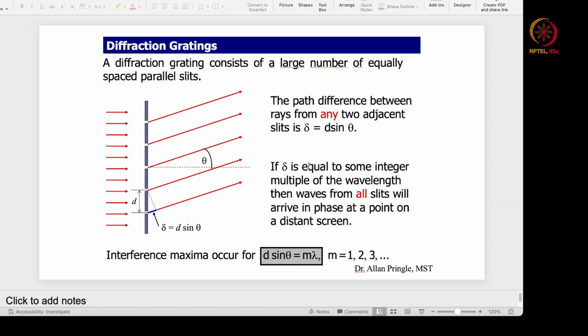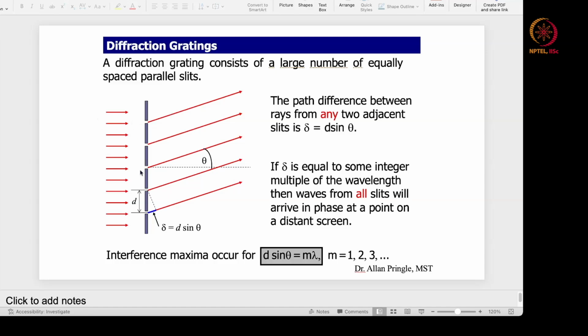So if this delta is equal to some integer multiple of the wavelength, then all the waves from all the slits will arrive in phase at a point on the distant screen. So understand this point very carefully. There can be a large number of slits, 10,000 to 15,000 slits per inch, not per square inch, per inch.